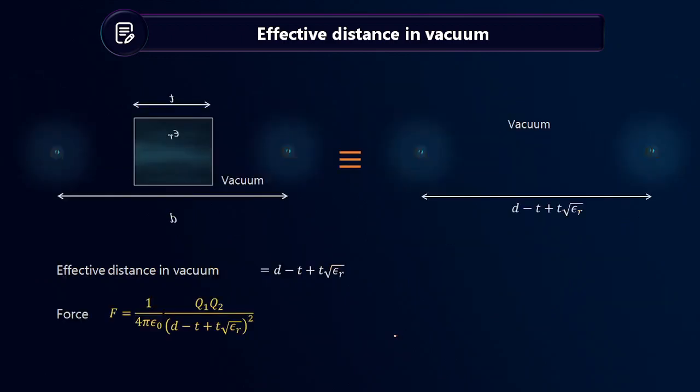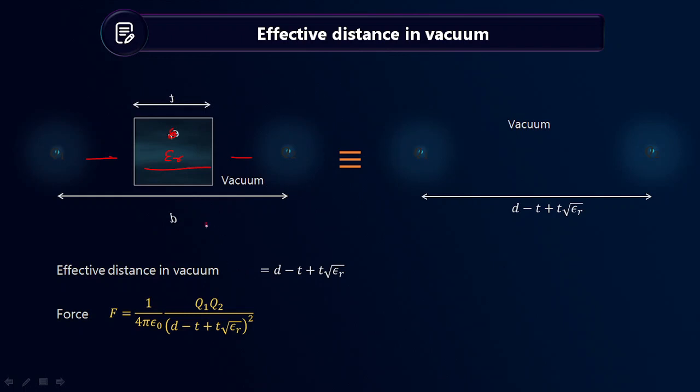Let us see some questions on this. Here we have two charged particles, and in the separation, some part was vacuum and some part had a medium with relative permittivity epsilon r.